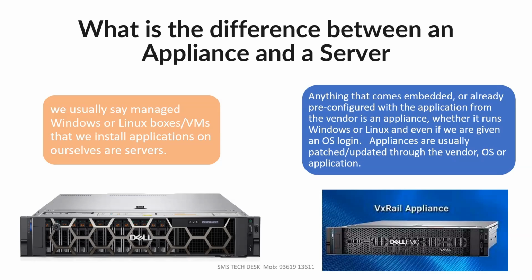This will already be installed in the factory, along with the applications required to manage the VxRail infrastructure. So what are the applications installed by default on this VxRail appliance? vCenter, VxRail login site, VxRail Manager, then Secure Connect Gateway. All of these will be pre-installed when they deliver the server to you.